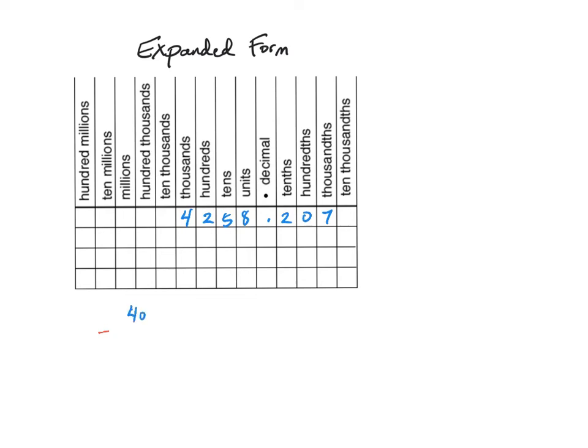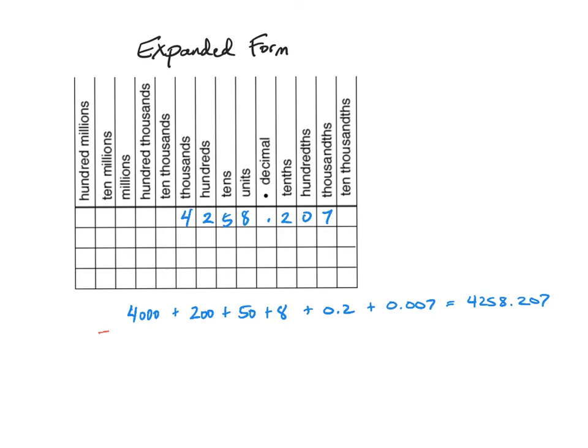So I would write this as 4,000 plus 200 plus 50 plus 8 plus 2 tenths, no hundredths, and 7 thousandths. Because there were no hundredths, I didn't even write any of that down. There would be nothing for me to write in that place value.